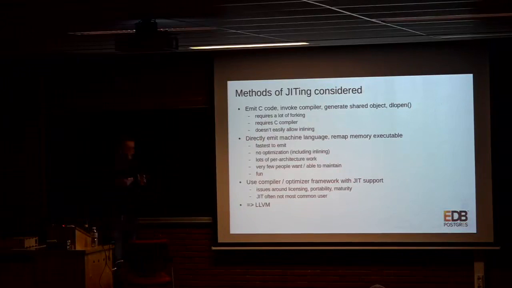But the problem is that for directly emitting machine code, you have to have a lot of knowledge about the individual CPU, and you have to write this translation from your interpreted program into the native language for each specific CPU. So we would have to have a different layer to do that for x86, for x86 64-bit, for ARM 64-bit, and for all the other, I don't know, roughly 12 architectures that Postgres supports.